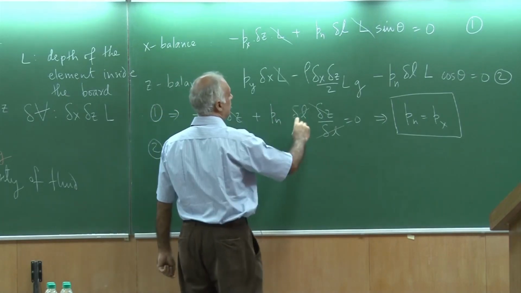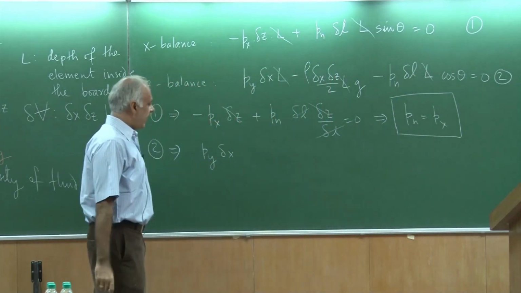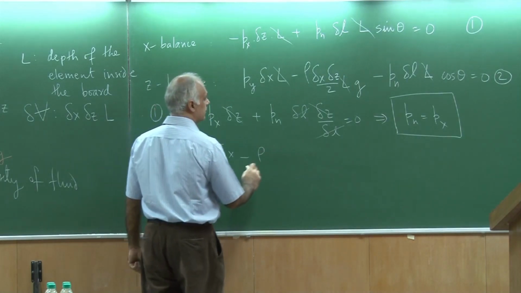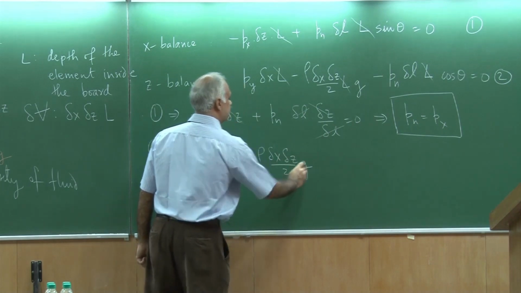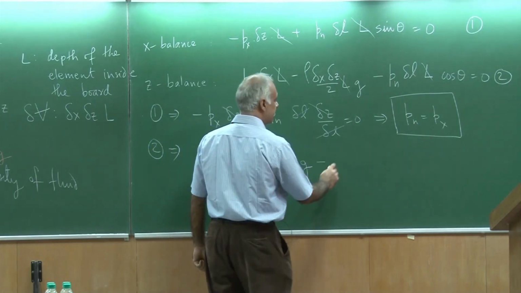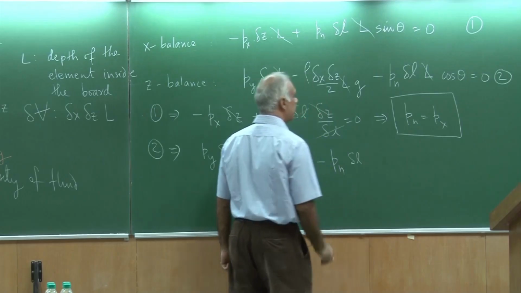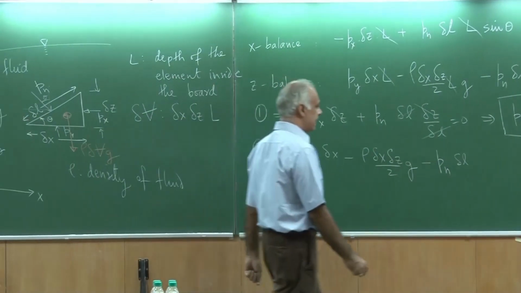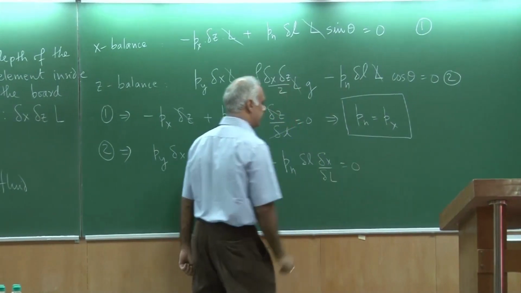So I am already going to cancel out this L, and minus rho delta x delta z by 2 g, that is the second term, and then the last term is minus Pn delta l, and cosine theta from this triangle I could write as delta x by delta l. This is 0.